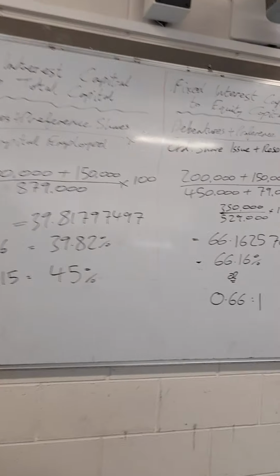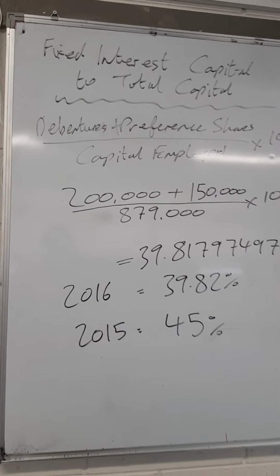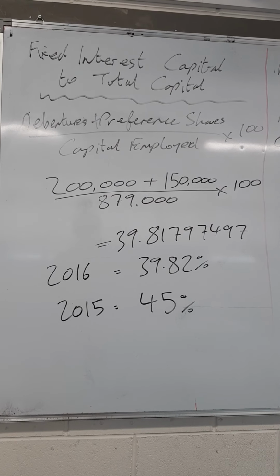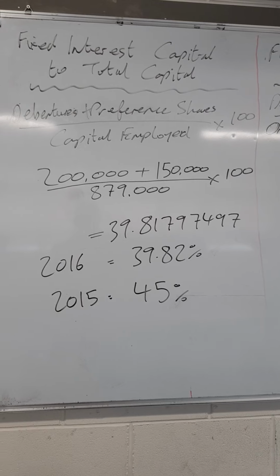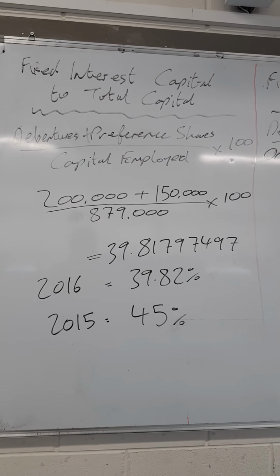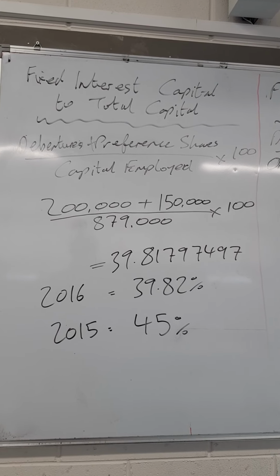So what I've done on the board is done all 3 ratios, and I've shown what last year's figure was and what this year's figure was. So the first one that we have, the gearing ratio, the main one, is fixed interest capital to total capital. So it's debentures plus preference shares divided by capital employed by 100. So your debentures, as per the book, is 200,000.